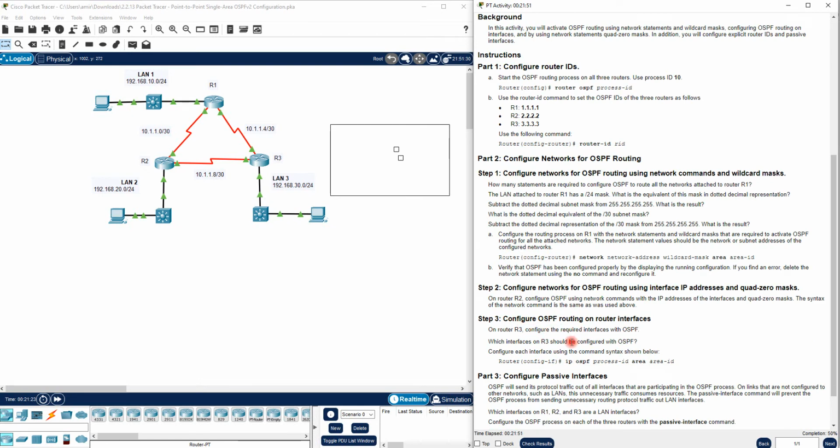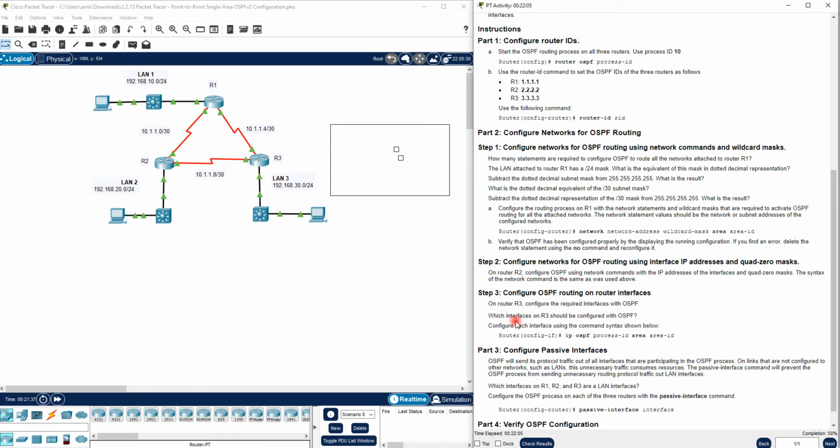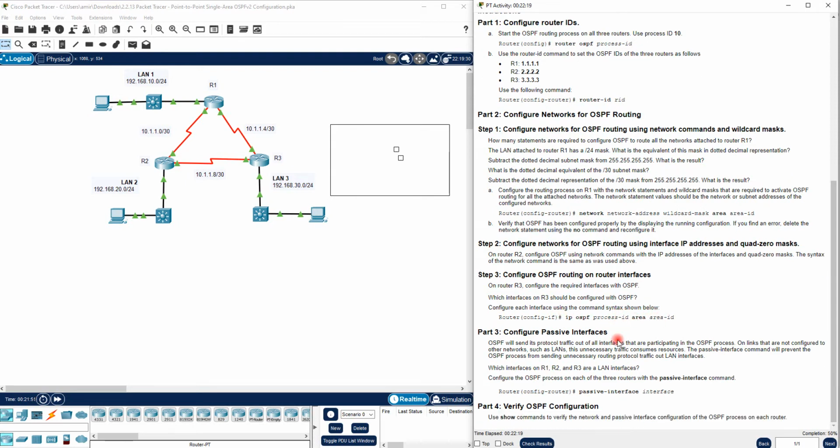Yes, I have described that. Why? Because it's directly connected to router 1 and router 2, and also the LAN here. And yes, configure each interface using the command syntax shown below, that we have also done.